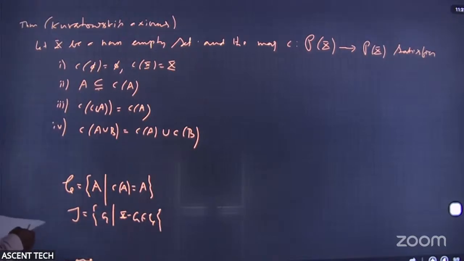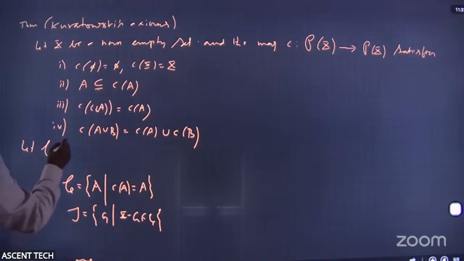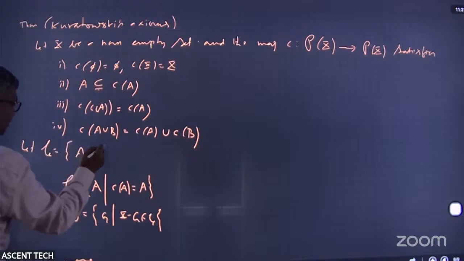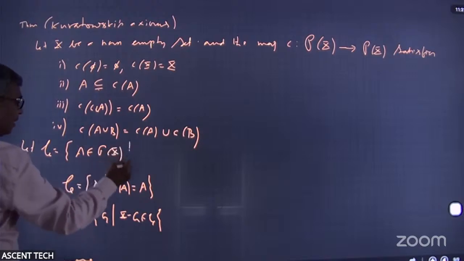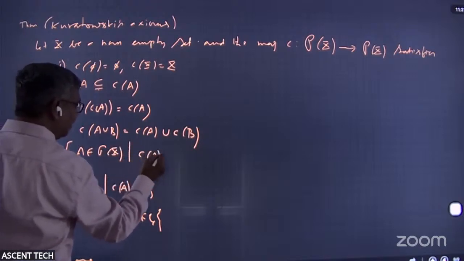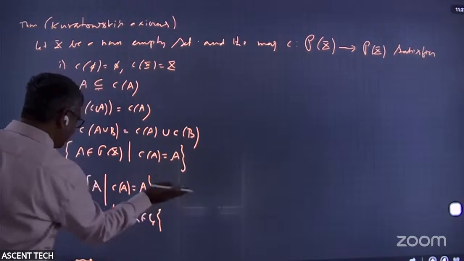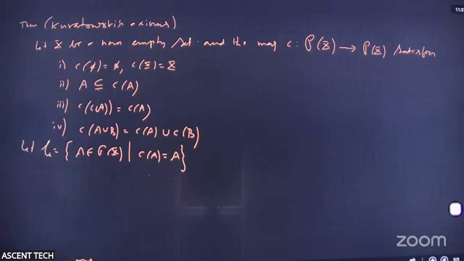Very good. Let C be the class of all elements of the power set of X for which C of A equals A. Then you can show that this C satisfies the hypothesis of the previous theorem.